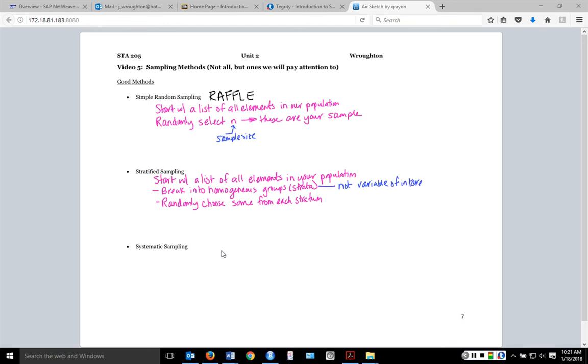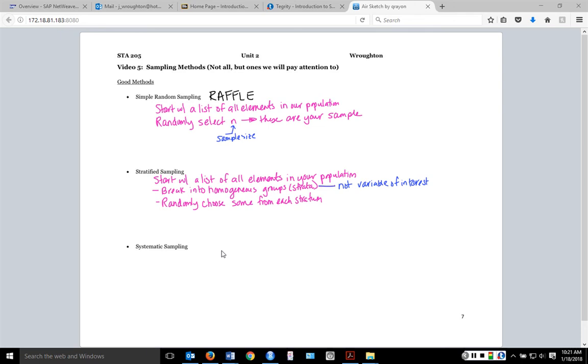So what I mean by that: if I broke my population into men and women, sampled 100 men and sampled 100 women, the idea seems great, unless, of course, my variable is gender. If I'm trying to figure out the percent breakdown of men and women in Boone County, and I intentionally sample 100 men and 100 women, I've now just forced that I'm going to have 50% men and 50% women, so I think it's an even 50-50 split. So I don't want that homogeneous group to be the variable that I'm actually interested in, because I'm forcing some things to happen there.